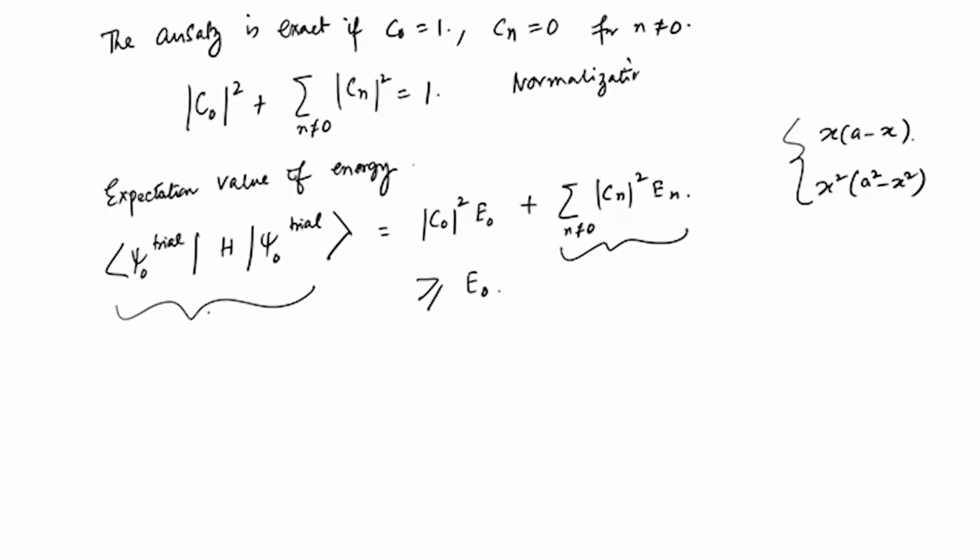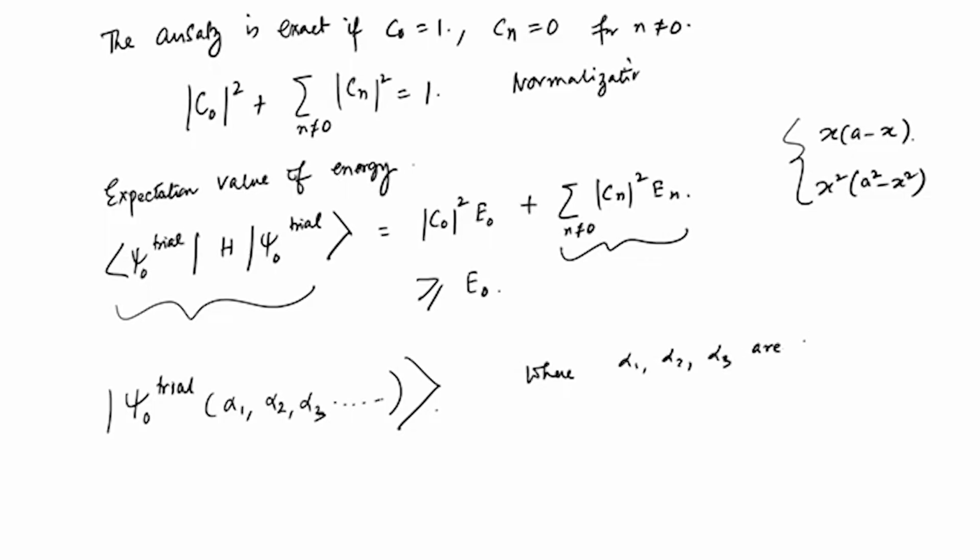Okay. Based on this, let us propose that this psi 0 trial is really a function of variational parameters, let us call them alpha 1, alpha 2, alpha 3 and so on. These alpha 1, alpha 2, alpha 3 are variational parameters, which are tunable.